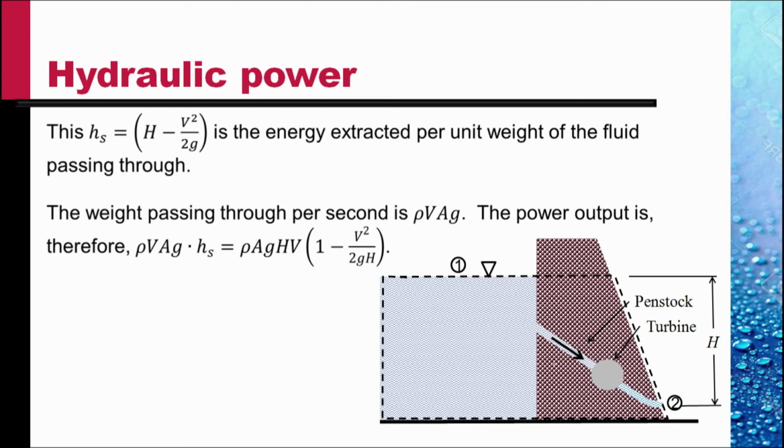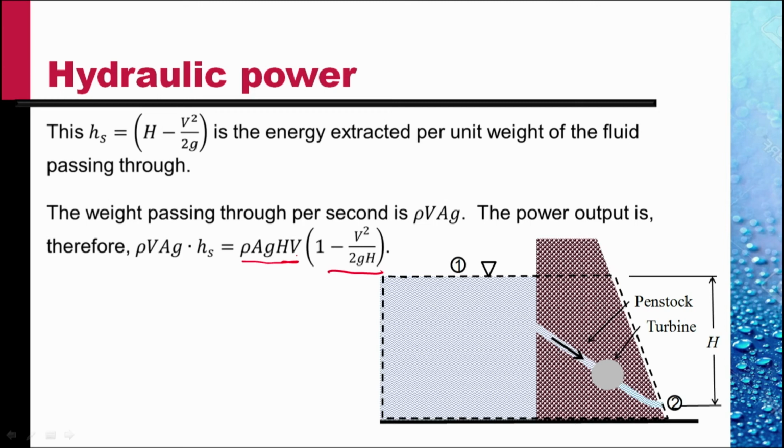Now this is an interesting expression. Here, as V increases, this increases, but this decreases. So one part increases, the other part decreases. When V is equal to 0, clearly the power would be 0.